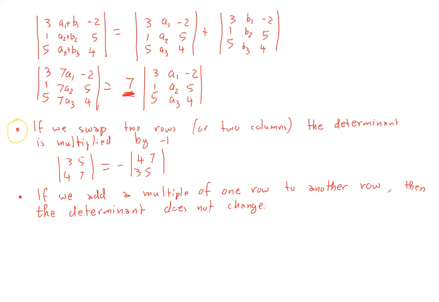So I would like to do a 4x4. So let me do a 4x4, right? So let's say that I want to compute. So now I'm going to show you that here's what you're going to do. You're going to use the Gauss elimination method to make it triangular. Once you make it triangular, then you can take the product of the diagonal entries.